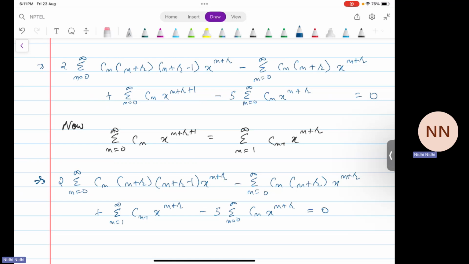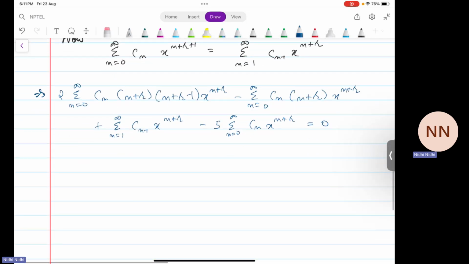Now we can see that except for one, in all the terms the sum is from 0 to infinity, but to make this uniform we'll take n equals to 0 separately and the rest of the sum separately.